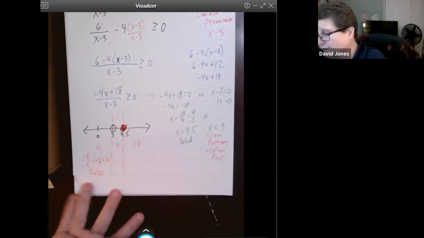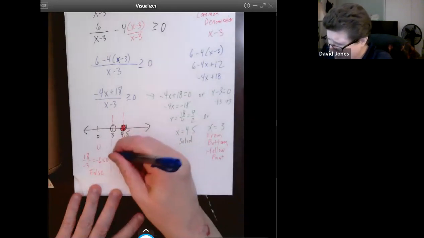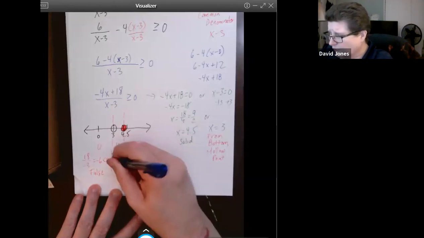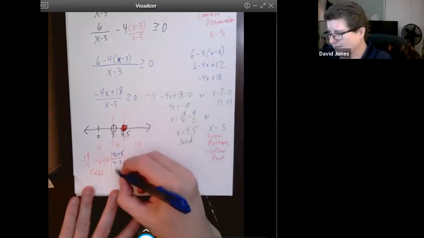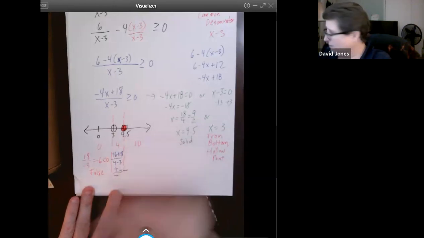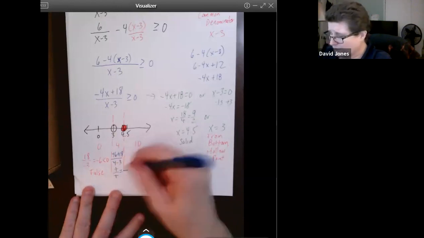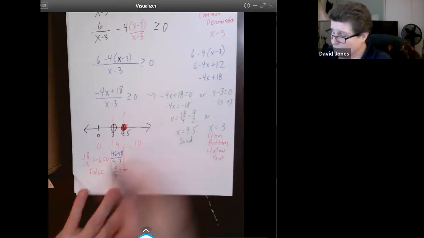If I plug in 4, I've got negative 4 times 4 is negative 16 plus 18 over 4 minus 3. Hold on, positive over a positive, which is positive. 4 minus 3 is positive. So this is true.